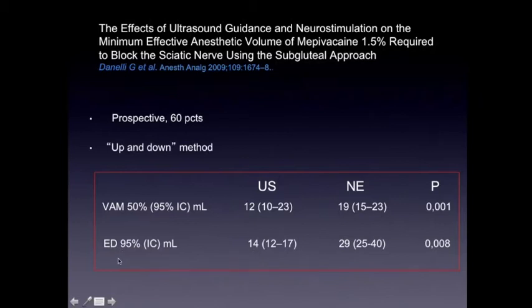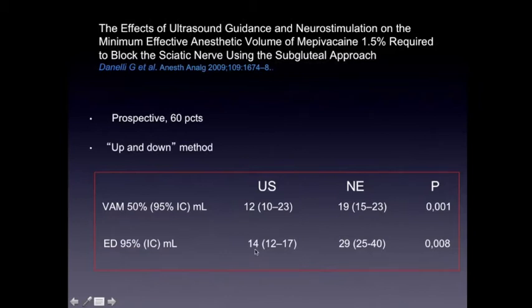And as we can see here, if we are searching for the effective dose for 95% of the patients, the ultrasound technique, specifically in the subgluteal approach using mepivacaine 0.5%, requires half the volume that nerve stimulation requires. Sorry, this is in Portuguese, I forgot to change.